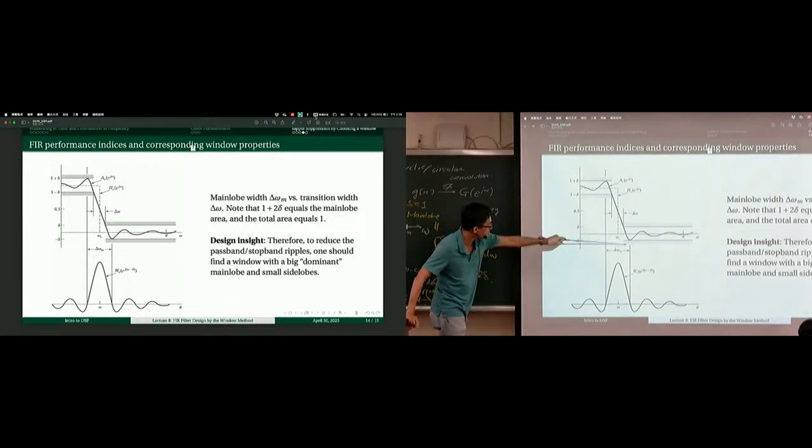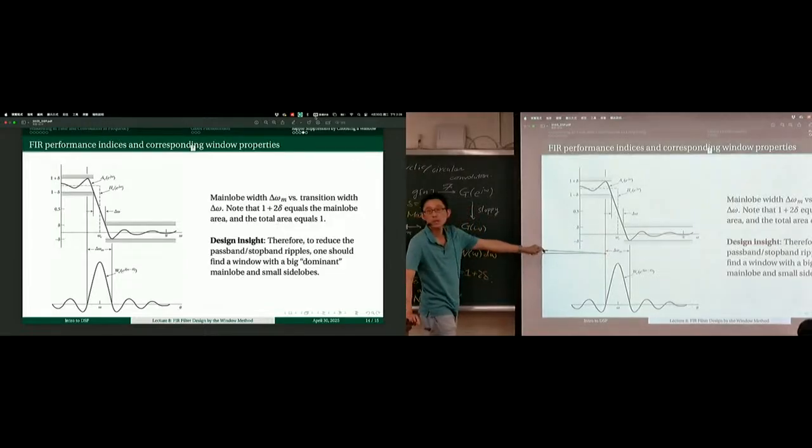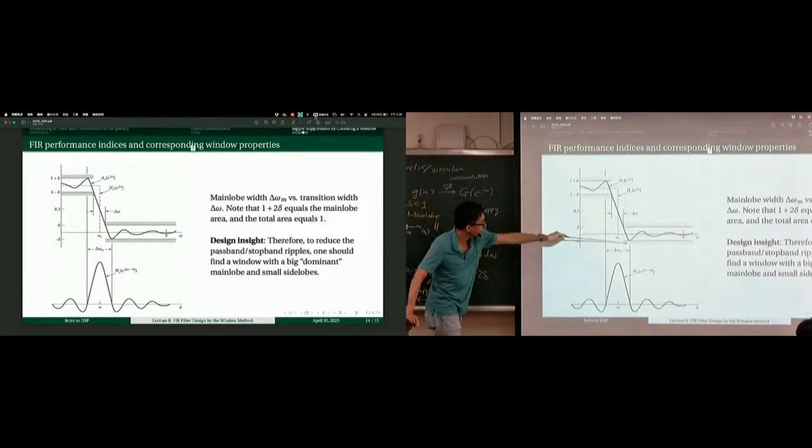The distance between these two points will equal the main lobe width, just by inspection. If you understand the meaning of circular convolution, as a good approximation when n is sufficiently large, the distance between these two points is exactly the main lobe width.